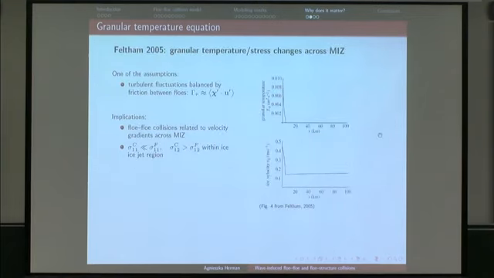And originally, when we look into the paper by Gianni Felfan, this framework was applied to analyze how the shear in ice changes with the distance from the ice edge when we move deeper and deeper into the marginal ice zone.